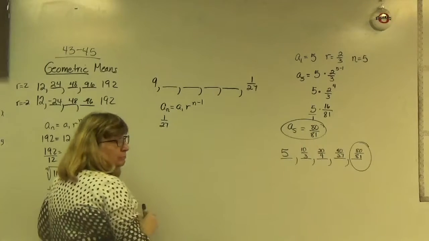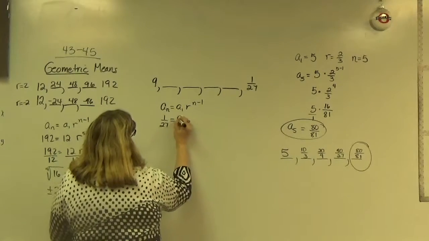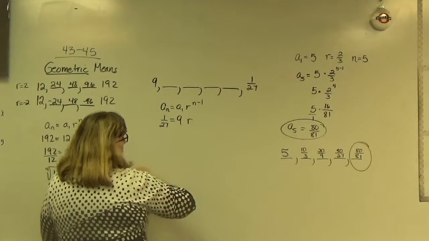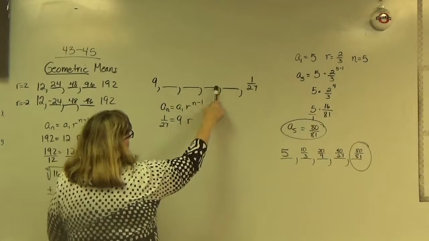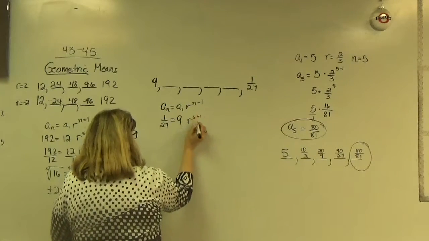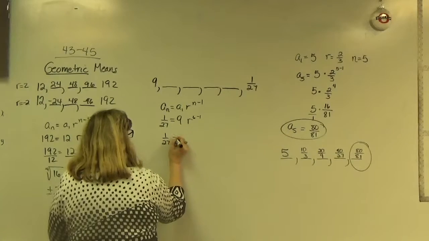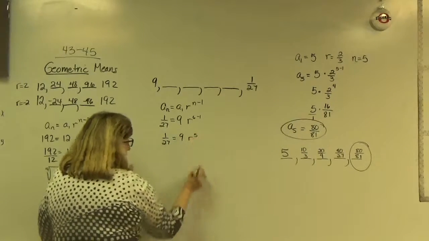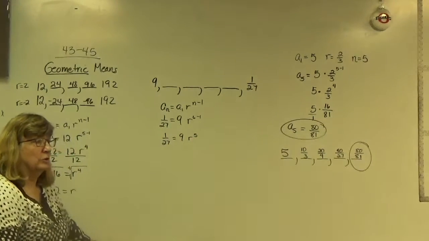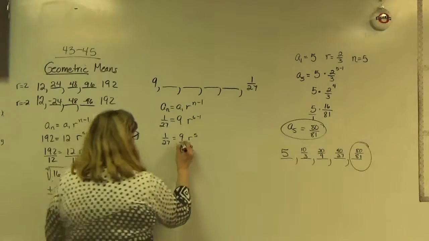What's our first term? The ratio we don't know, but how many terms are in this example? 6. So 6 minus 1 is 5, and then what would we do to solve it for r? Divide by 9.